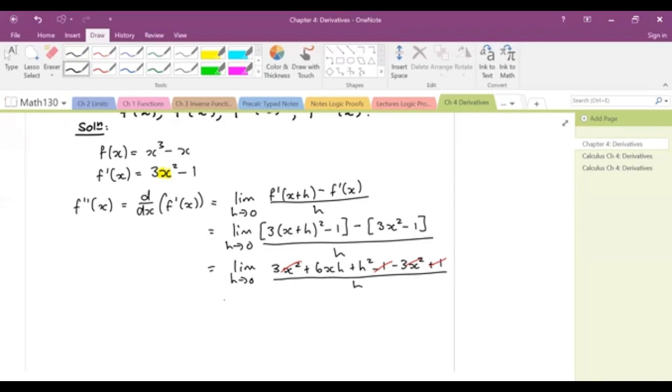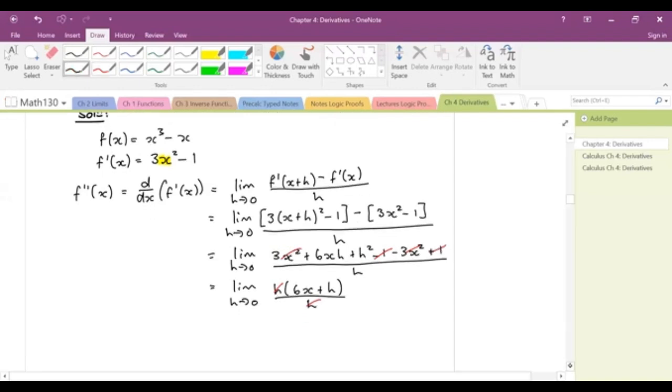So we get the limit as h tends towards 0. Take out an h common factor in the numerator, leaving us with 6x plus h all over h. So h is tending towards 0, not equal to 0, which means we can cancel the h's there. And we get the limit as h tends towards 0 of 6x plus h. So that's just equal to 6x.